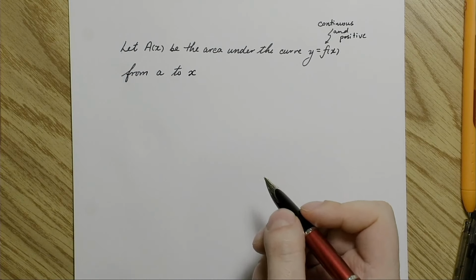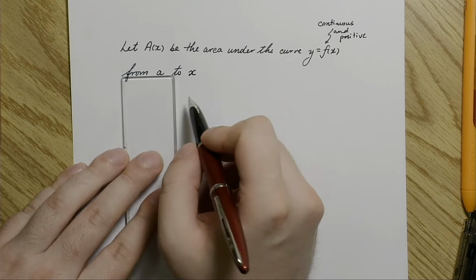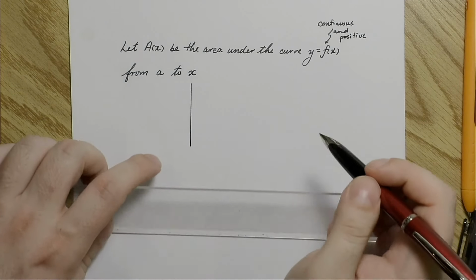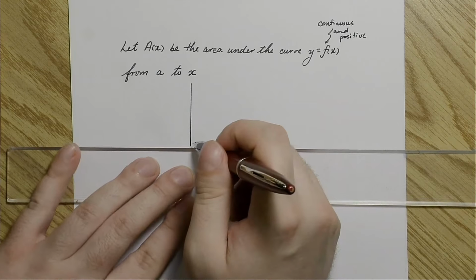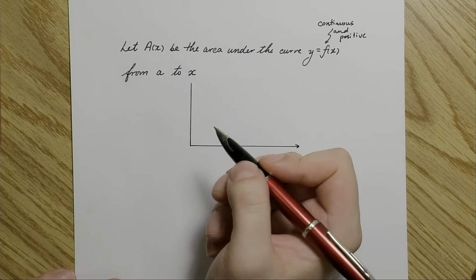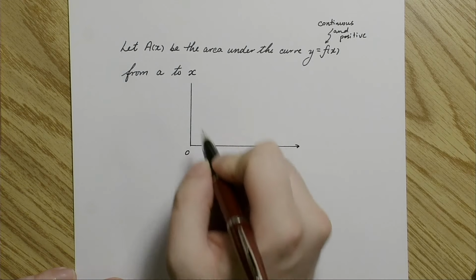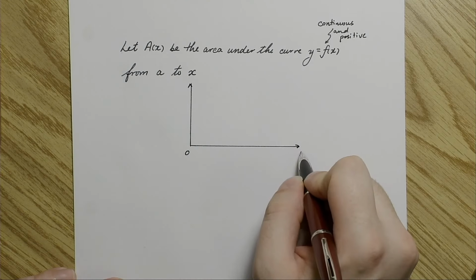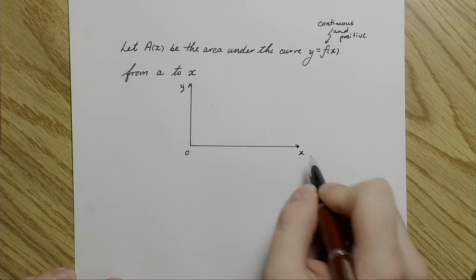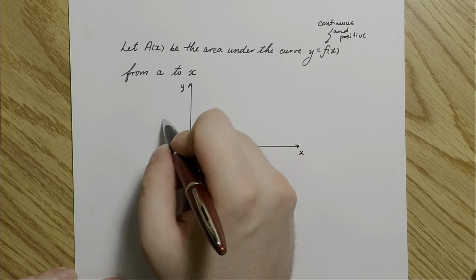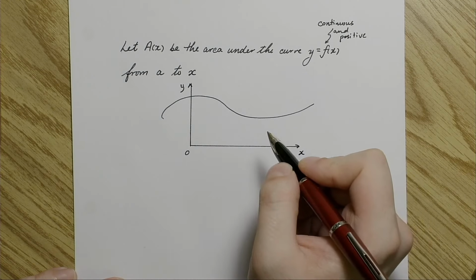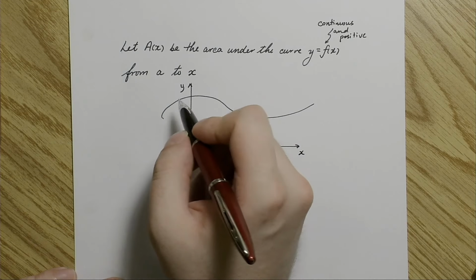So let me draw that out. So we have this. Something very simple. So we have 0, this is our x-axis, and here's our y. And some curve like that. Okay.